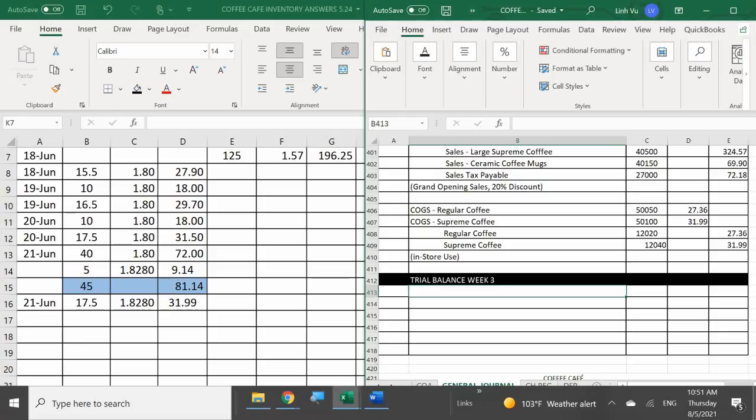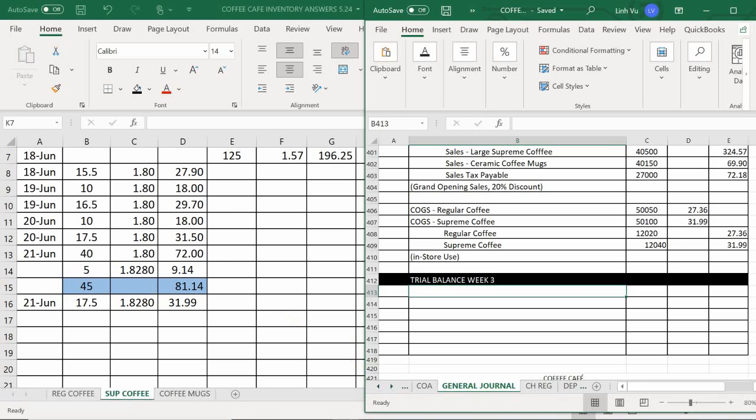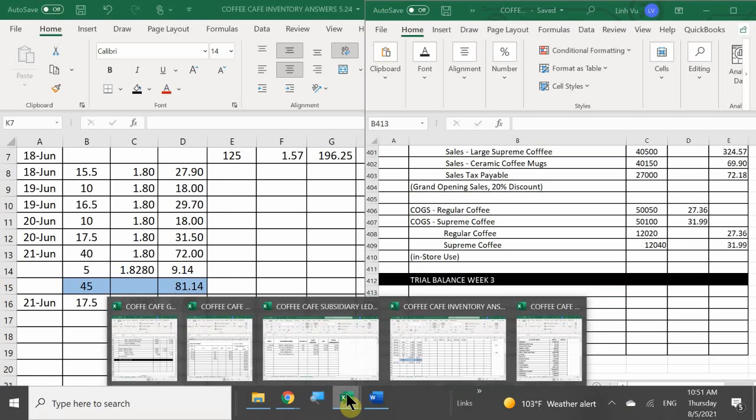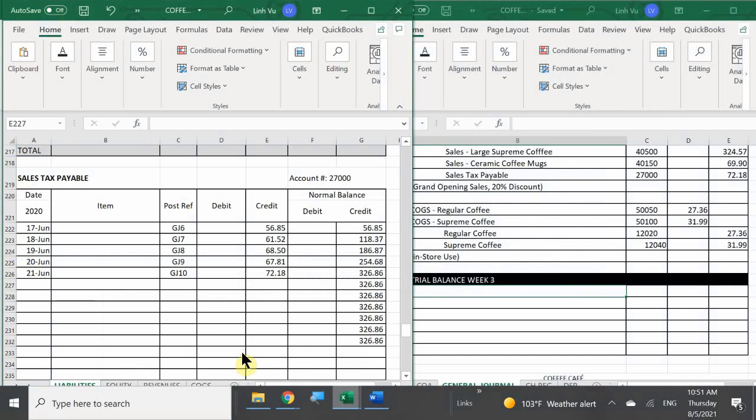And then from there, all we need is just our ledger, and we're going to complete the trial balance from there. So let's go ahead and update my inventory.